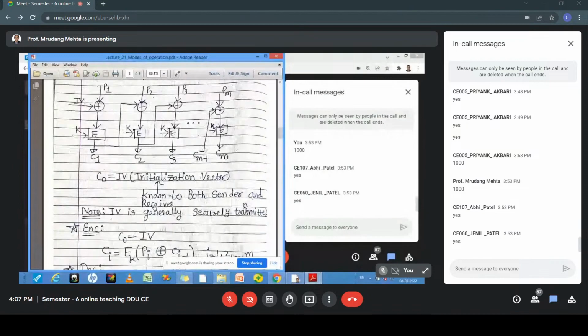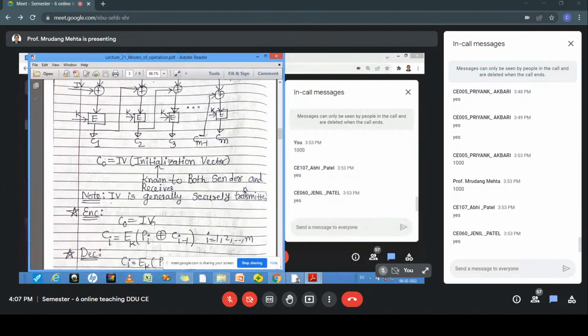So if we write it mathematically, we can write C0 is equal to the initial vector, and all other C's can be computed like this: Ci equals E of K applied to Pi XOR Ci minus 1, for i equal to 1 to m.